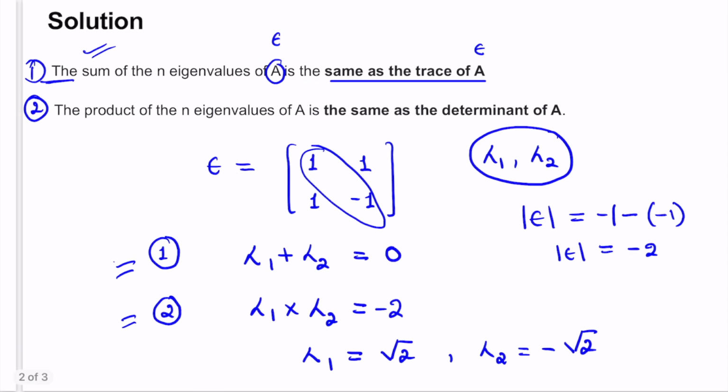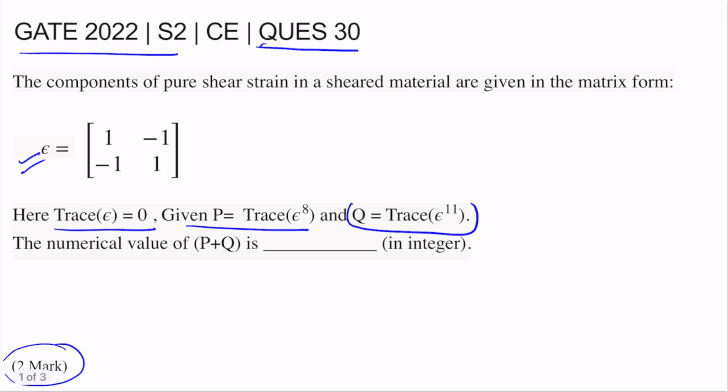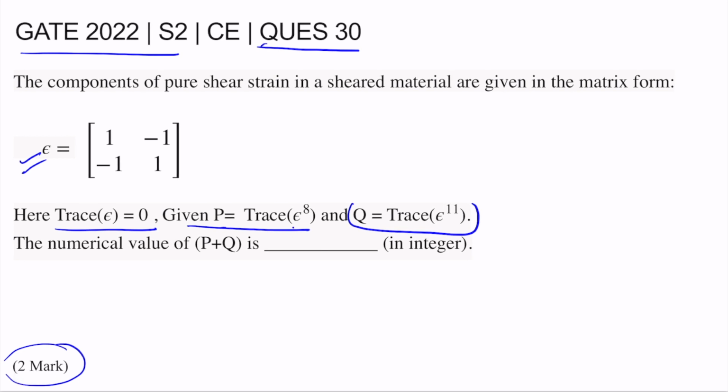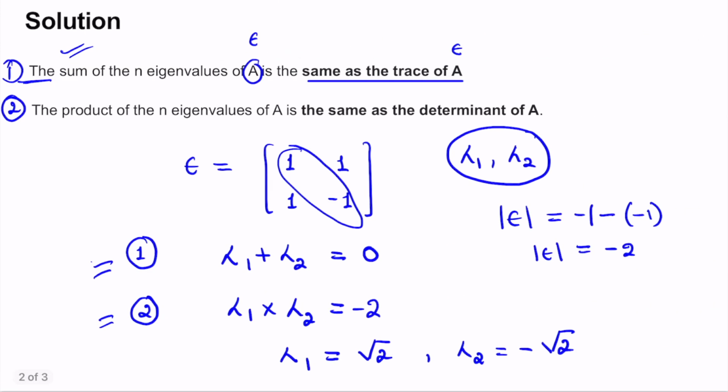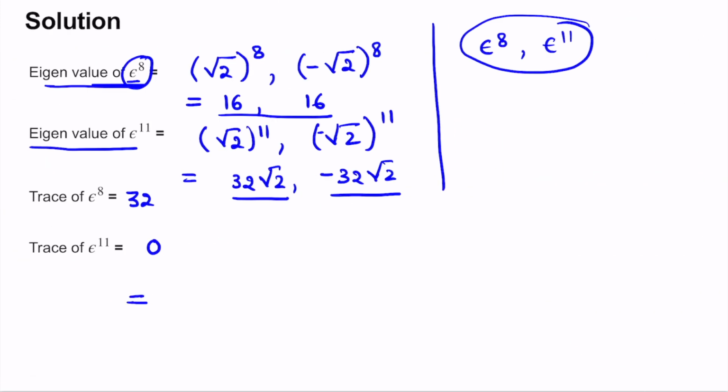In the question it is given that P equal to trace of epsilon to the power 8 and Q equal to trace of epsilon to the power 11. Therefore, P is equal to the trace of this matrix, that is 32, and Q is equal to the trace of this matrix, that is 0.